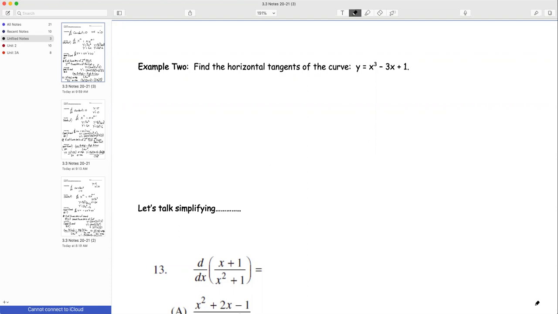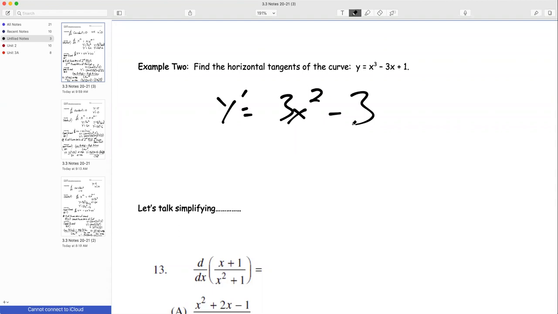So in calculus, when in doubt, take the derivative. All right. So what's the derivative? 3x squared minus 3. That's my derivative.